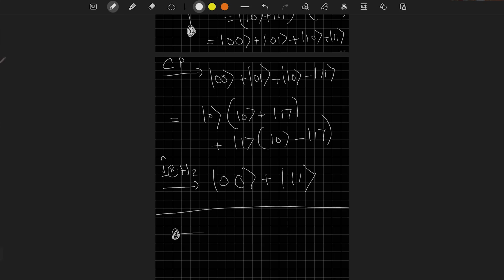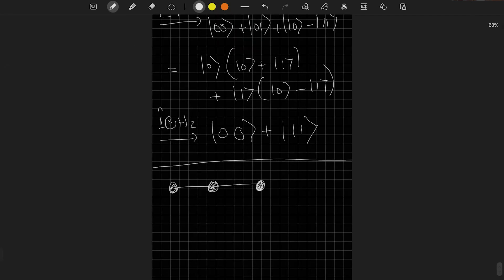Suppose I have three qubits, three digital qubits, and this cluster. Can you try to work out what the physical representation would look like?